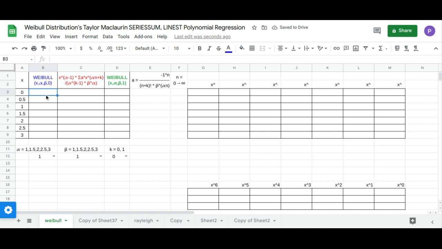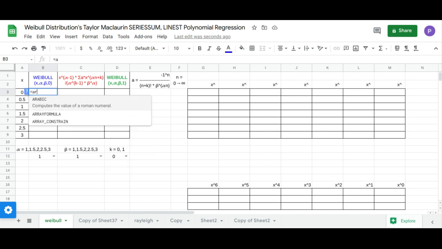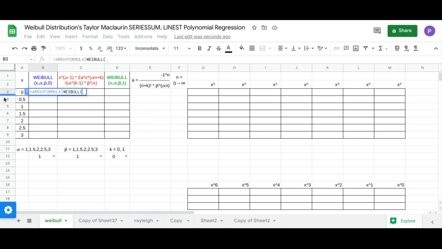Now we can fill in the dataset of the Weibull functions. So array formula, Weibull of the x values, comma, and this will be our alpha, comma, this will be our beta, comma, and 0 because this is the probability density function.